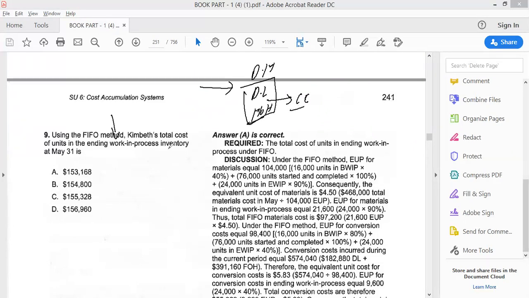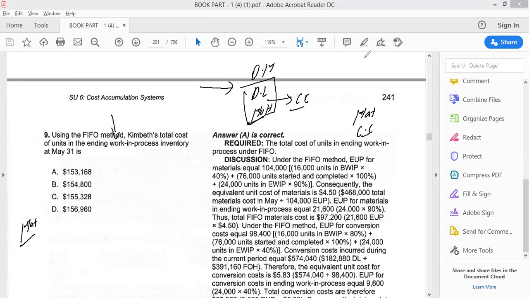So while calculating the value of work in process, I'll have to look only for two elements, material and conversion cost. For the material component, we will take a look at how many units we were having in closing work in process.